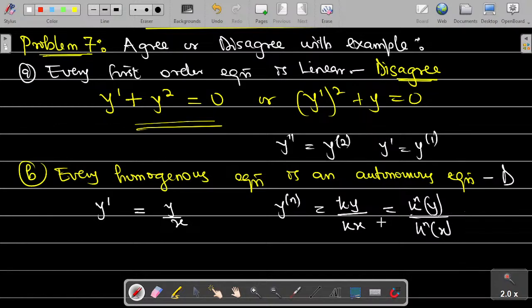So you are able to factorize out your k, whether it's a product or a quotient like this, and your x and y will still remain. Then you declare that it is homogeneous.